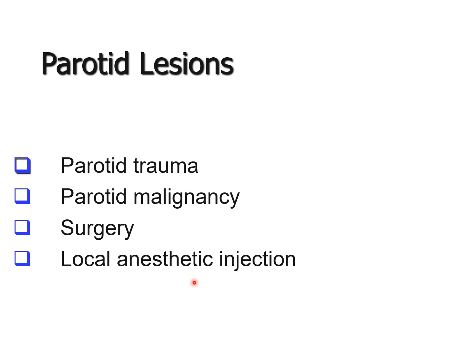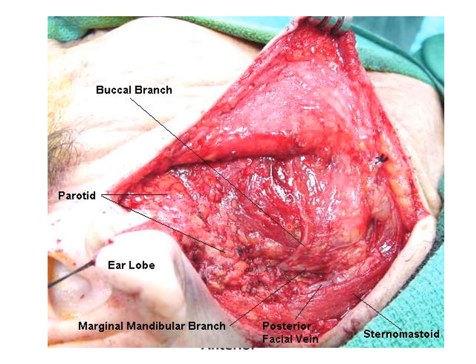If the needle is inserted too far into the tissues, the needle may get very close to the parotid gland, and deposition of anesthetic solution could result in transient facial paralysis. So this image depicts the exposed parotid gland during a surgical procedure, and you can clearly see how closely the branches of the facial nerve are related to the parotid gland.